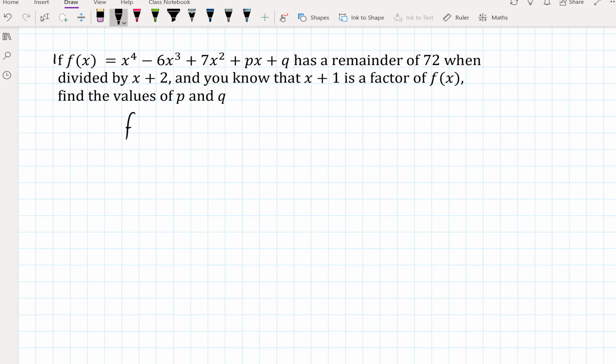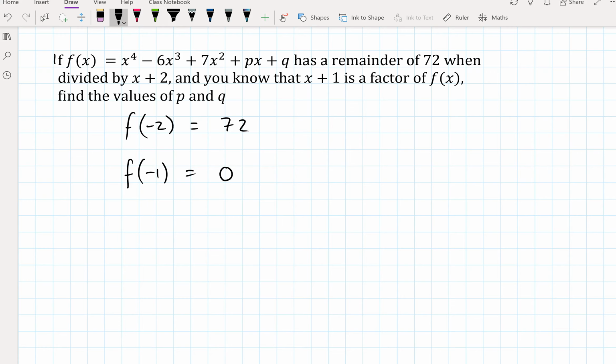So in other words, f of minus 2 is going to be 72. And they also tell you that x plus 1 is a factor of f of x. So in other words, f of minus 1 is going to give me 0. So there are my two pieces of information that I can use.